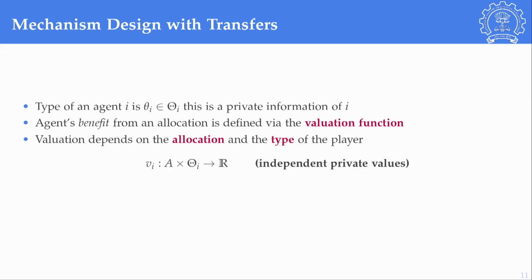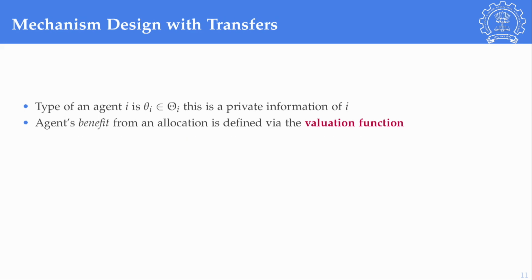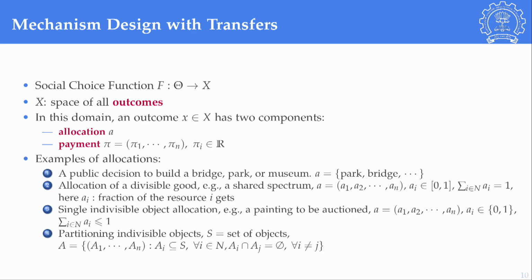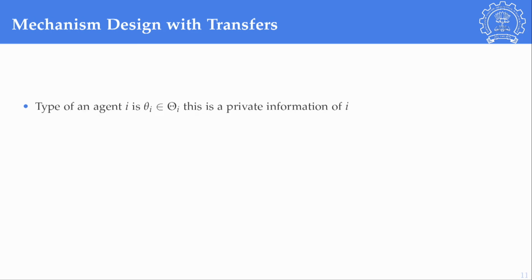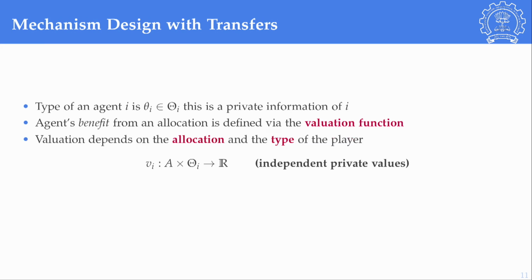Valuation function. What does that mean? If you take a specific allocation, a specific a, the set of all possible a's is denoted by capital A. You pick one allocation from that set, and depending on what your type is, and we are using independent private values, you have a real number associated with it.